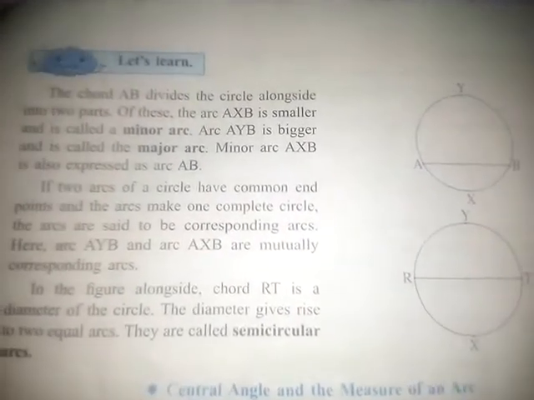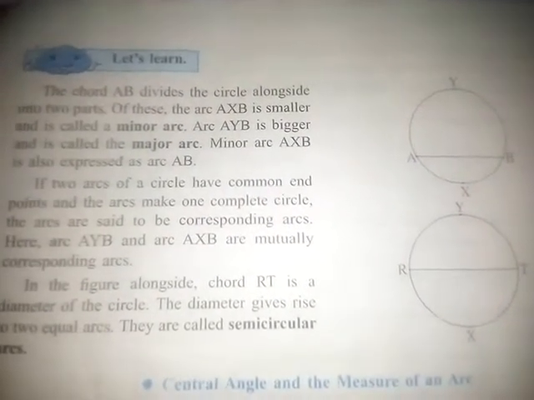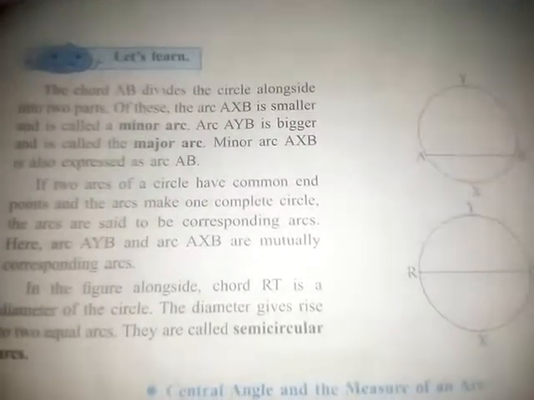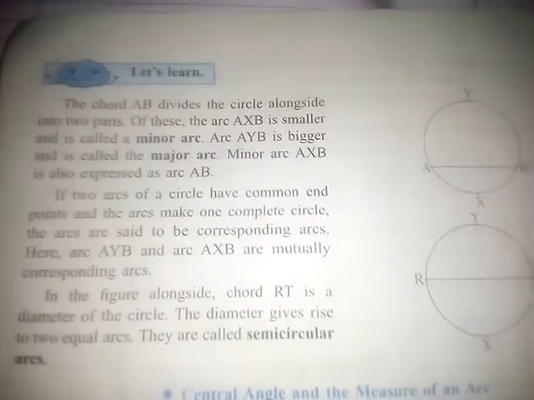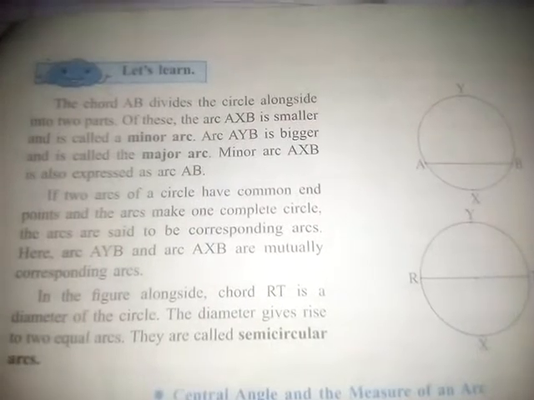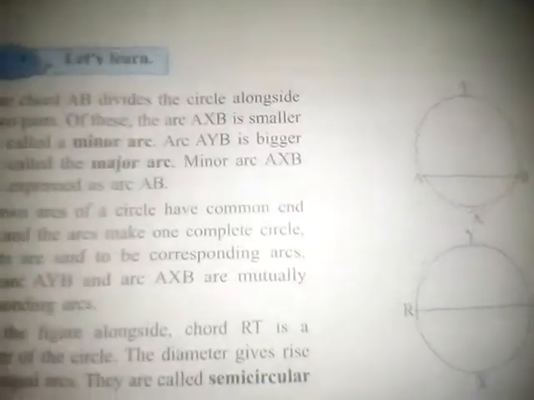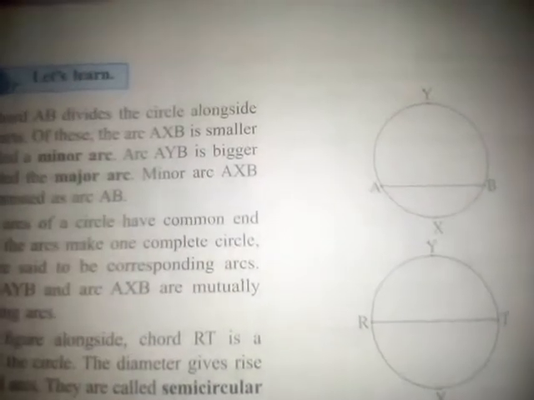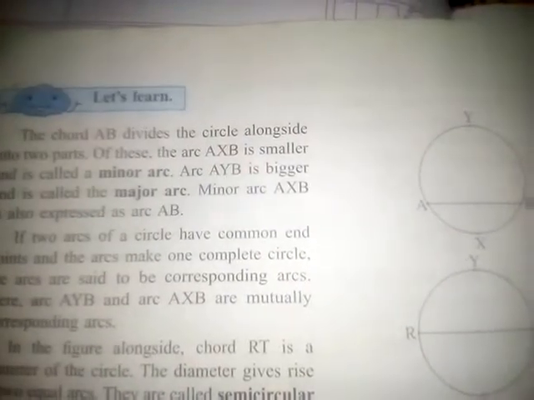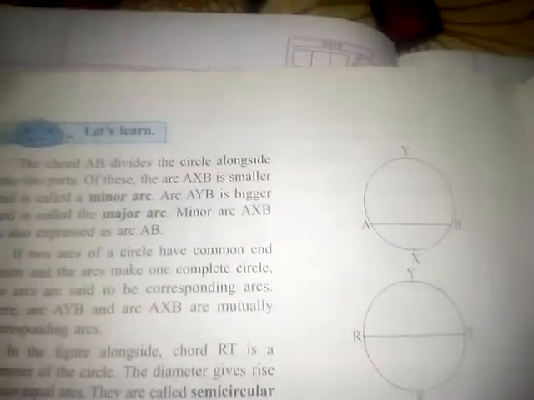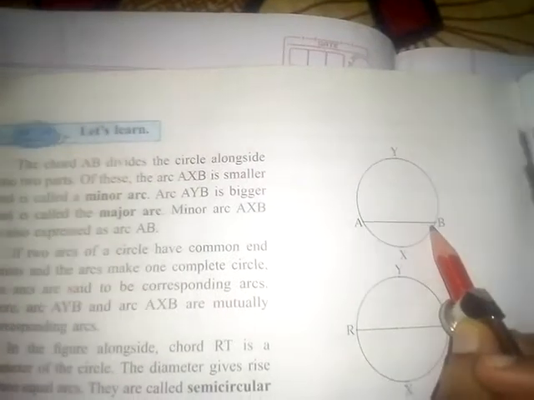Next one is types of arcs. There are three types of arcs: minor arc, major arc and semicircular arcs. Look at this figure. Here chord AB is given. Okay, chord AB.